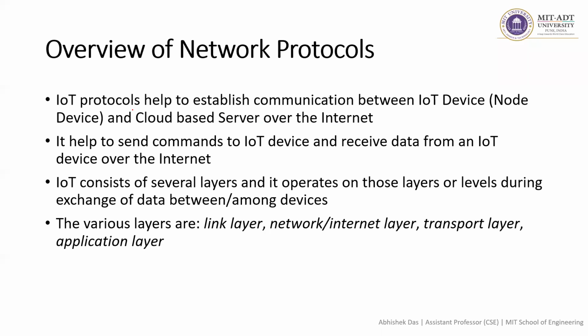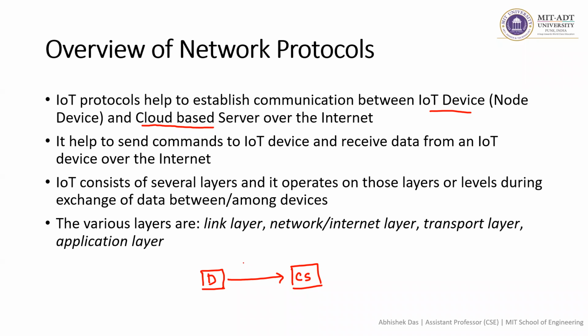So this is the first entity, and this is the second entity. There is a device, and it is connected to the cloud server. Let me denote it as CS. So the IoT device is connected to the cloud-based server over the internet.